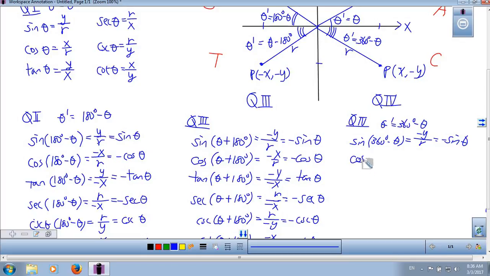Cosine of 360 degrees minus theta will be equal to x over r. So x becomes positive again in quadrant 4, so it's going to be the same cosine value. However, tangent, because y becomes negative, is negative y over x, so it becomes negative tangent of theta, what the tangent would be in the first quadrant.